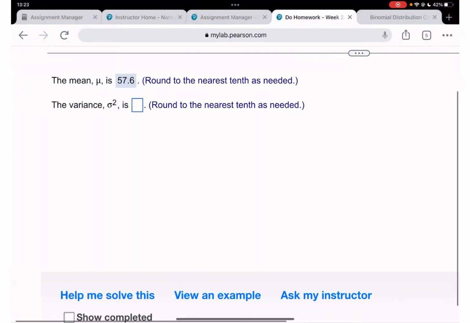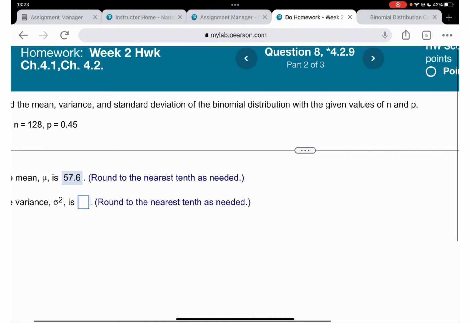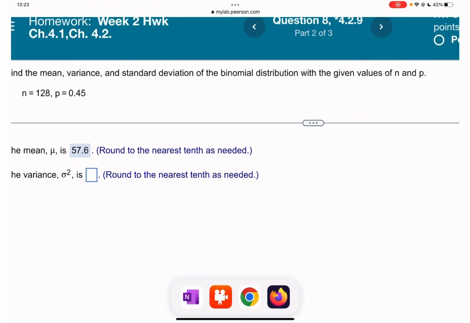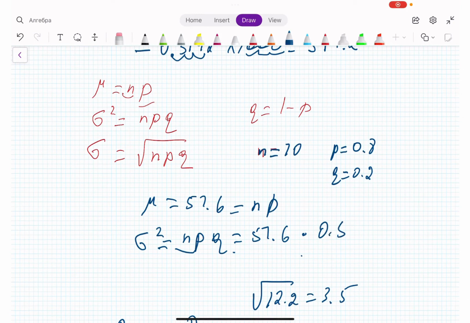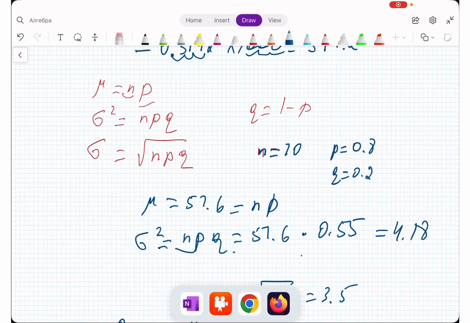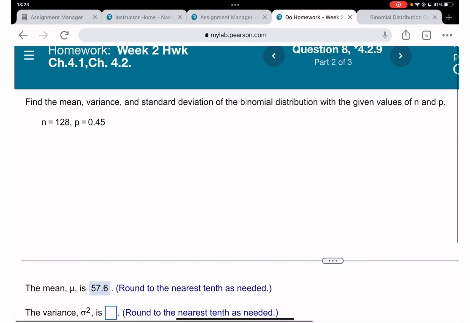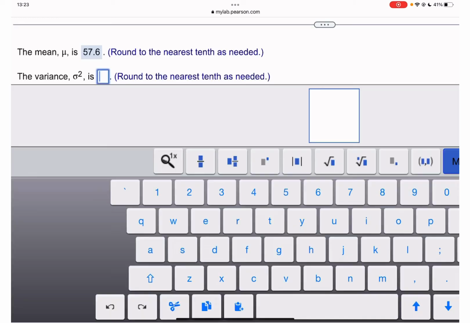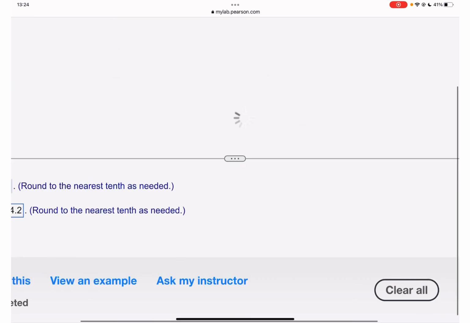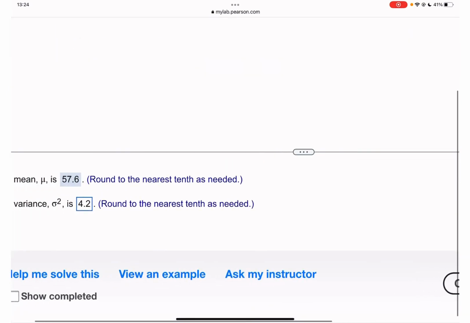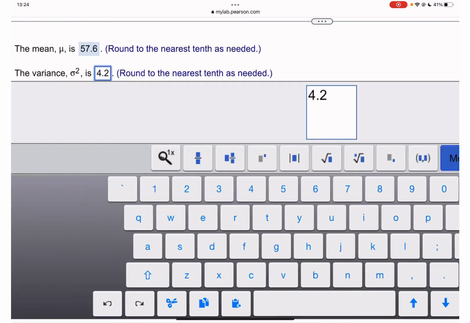Our probability was 0.45, so Q is 1 minus 0.45, which is 0.55. So this is 57.6 times 0.55, which is about 31.68... It says to round to the nearest tenth, which is going to be 4.2 instead of 18. What is wrong?